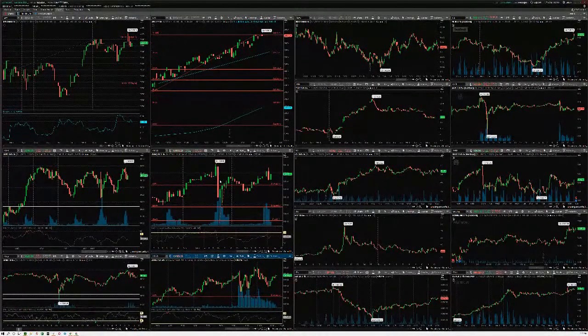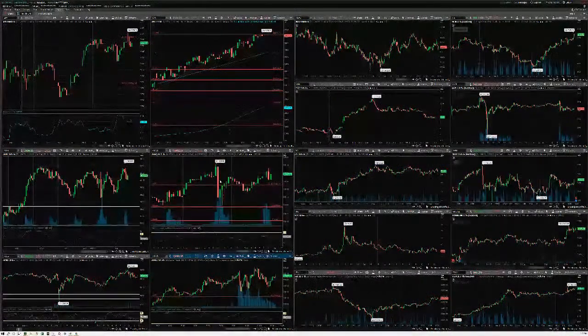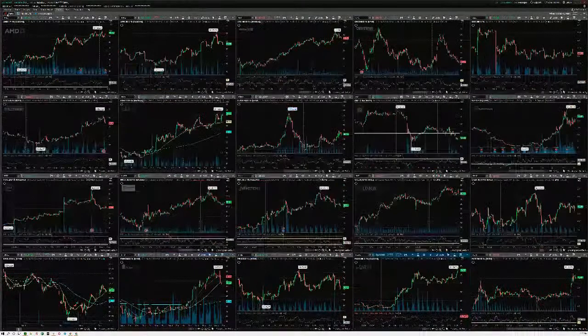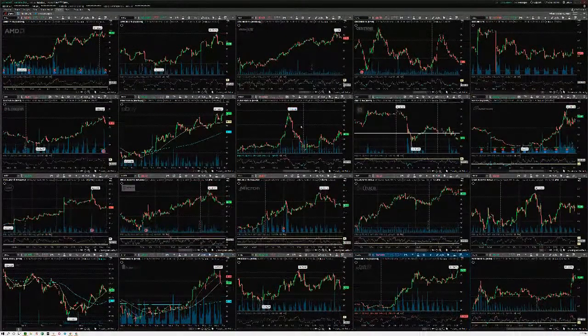But let's start out with moving averages, so I'm going to change my screen here. These are basically stocks that I use for the wheel trade, and I have them up and look at them all the time. But let's pull one out to talk about moving averages.